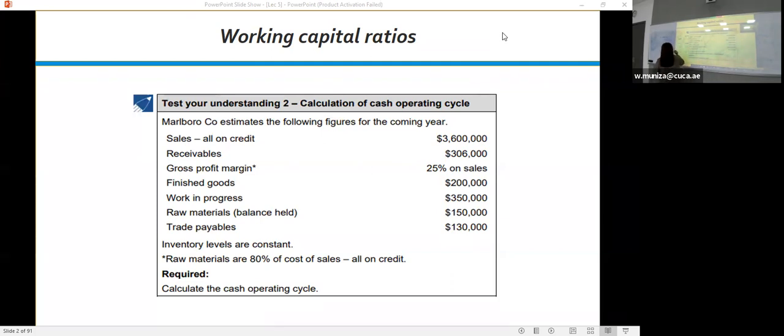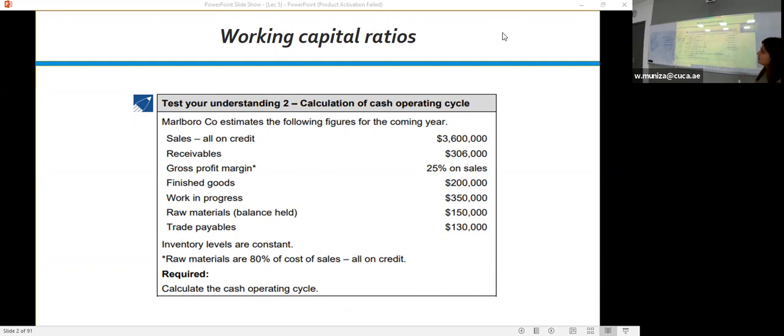So raw materials are 216,000. It means that out of this 2,700,000, we are also incurring some other expenses. So 2,700,000 minus 216,000, the remaining 540,000 is for other expenses. Together they make the cost of sales. Got it? So this is what they were requiring us to do.